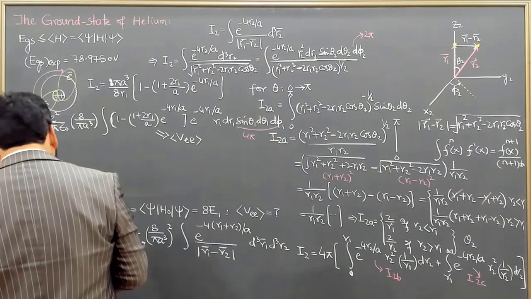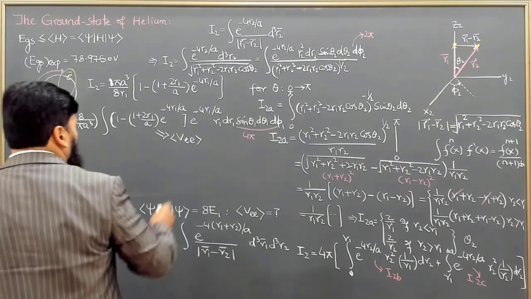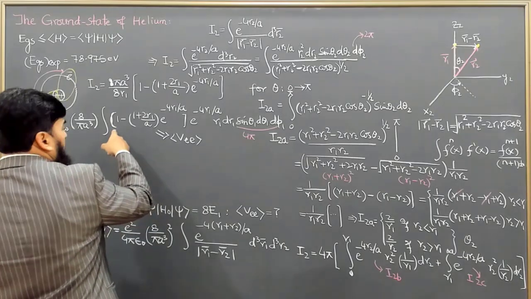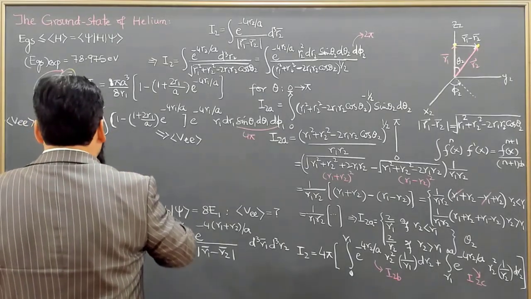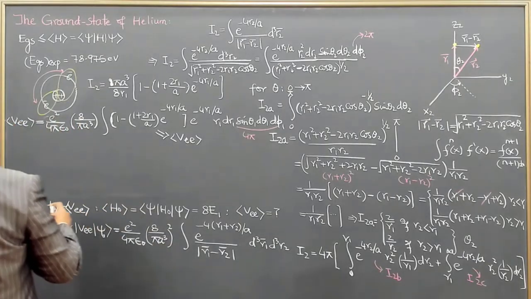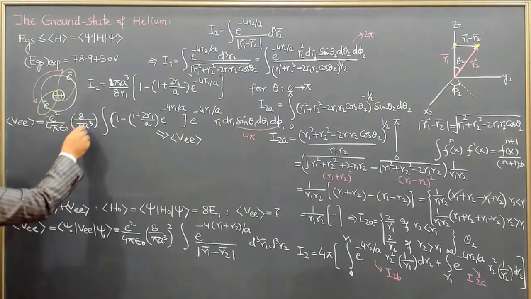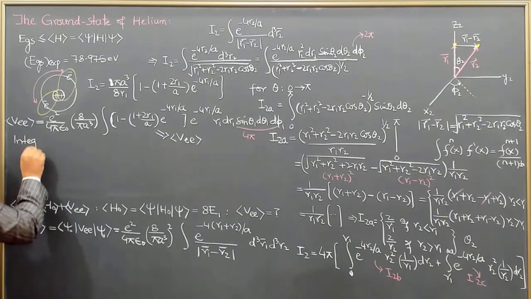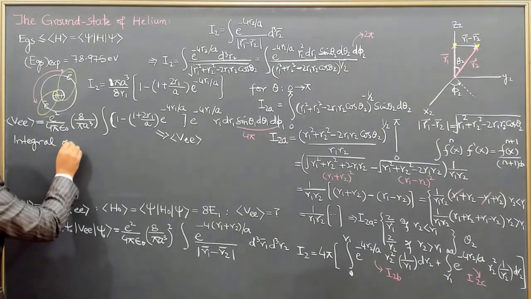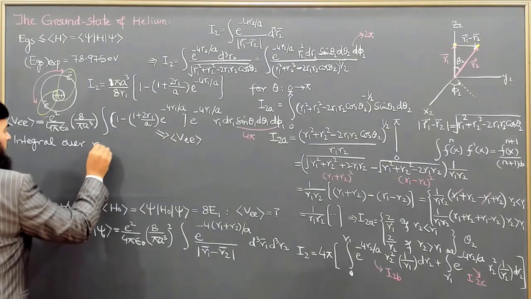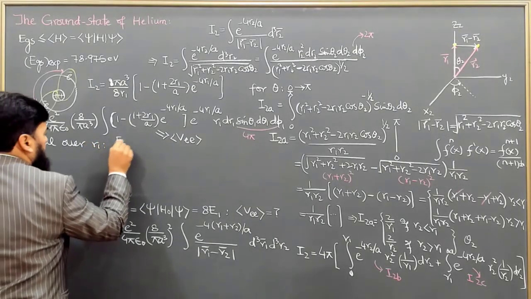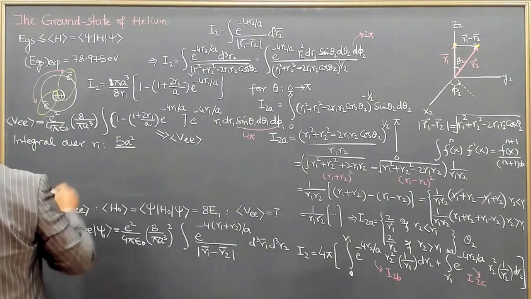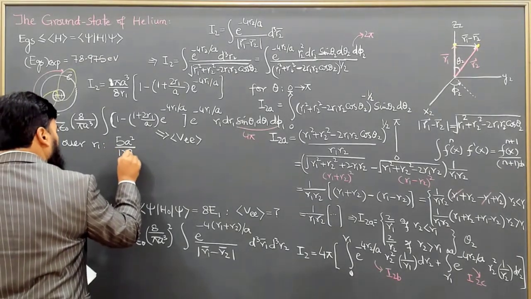The integral over r1 will give us 5a squared over 128.